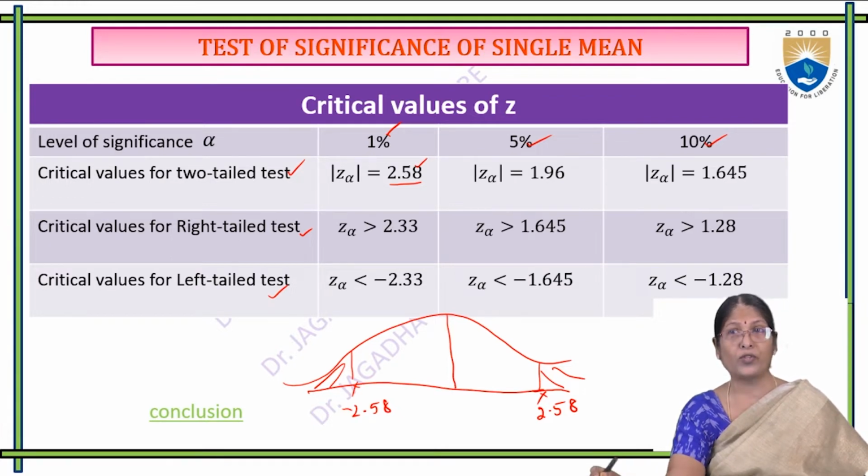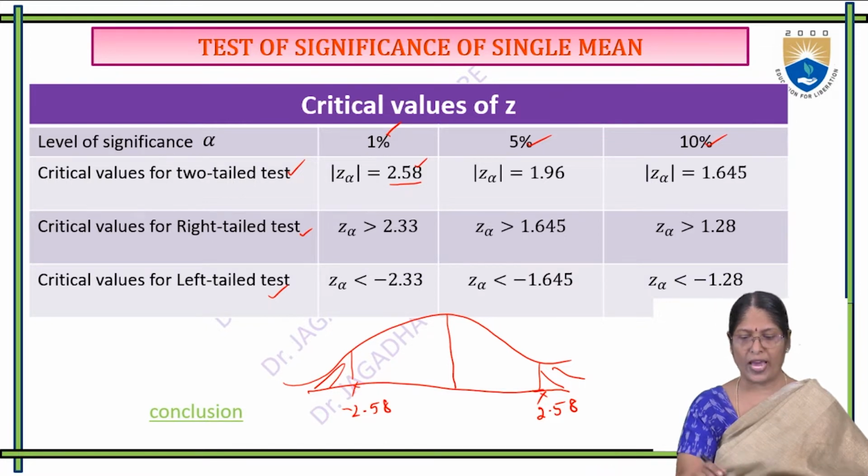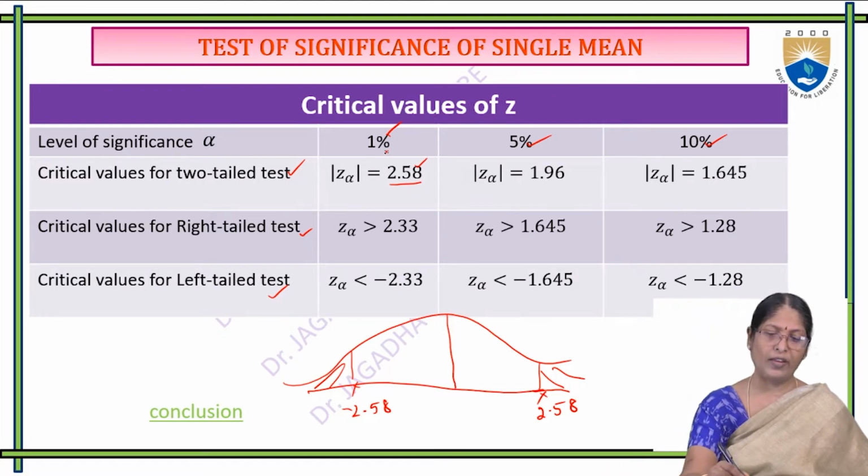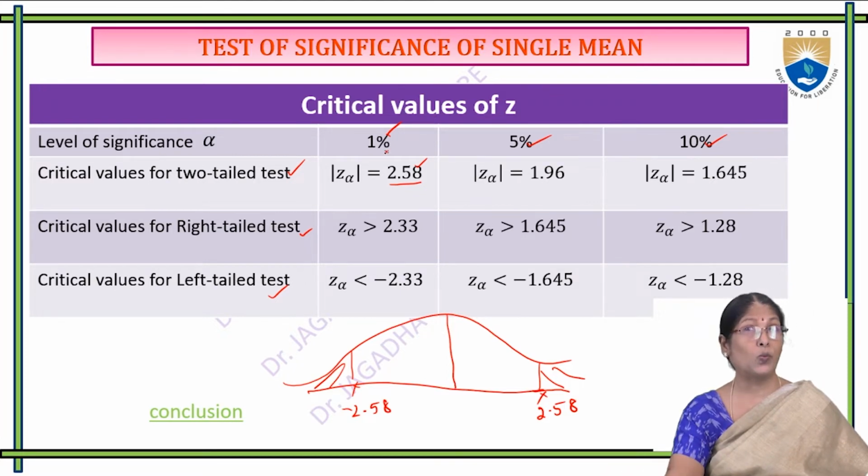So the point which is making the difference, which is separating the accepted and rejected region, is, if it is two-tailed and the level of significance is 1 percentage, it's nothing but 0.01, that is 2.58.